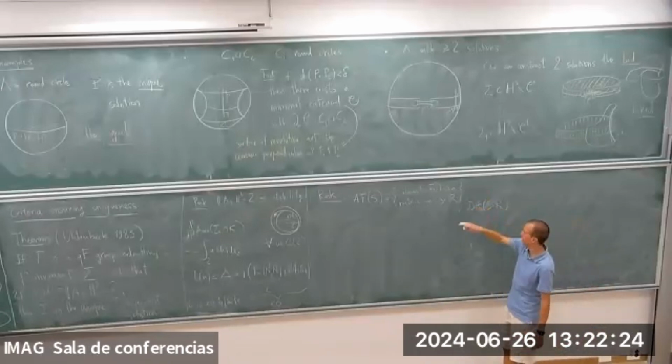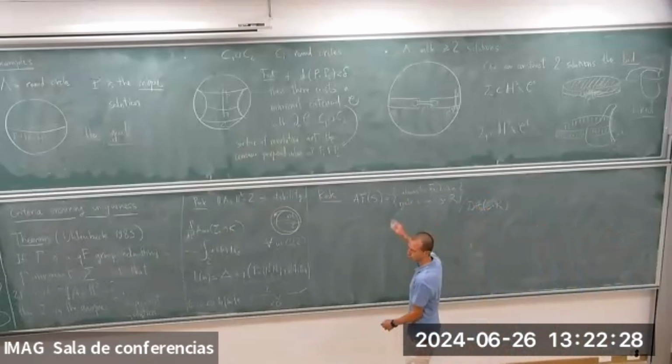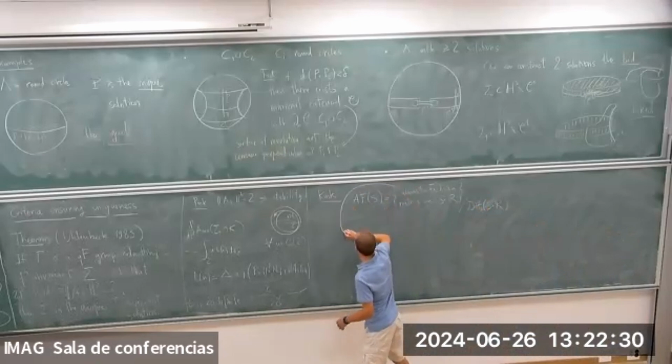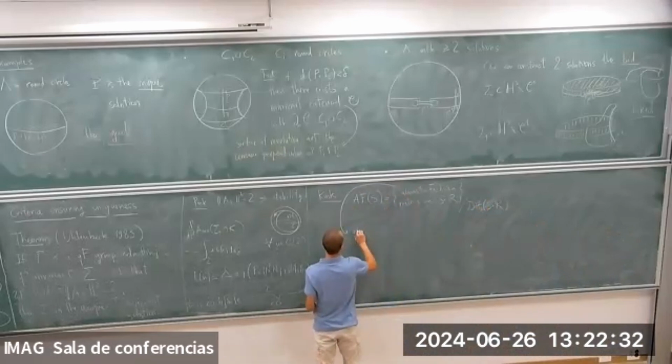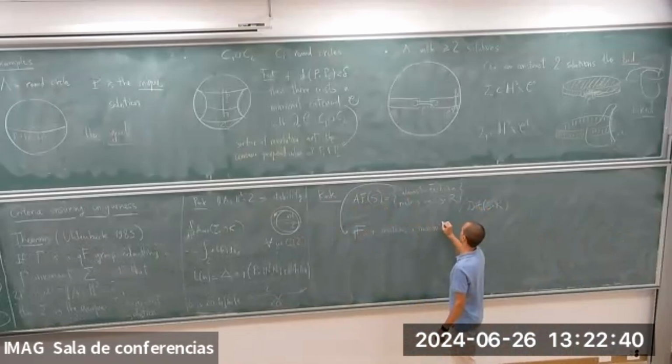This is just to make this space a manifold instead of having singularities. So almost Fuchsian is what I was about to say. Almost Fuchsian means that it is quasi-Fuchsian plus contains a minimal surface satisfying the bound.